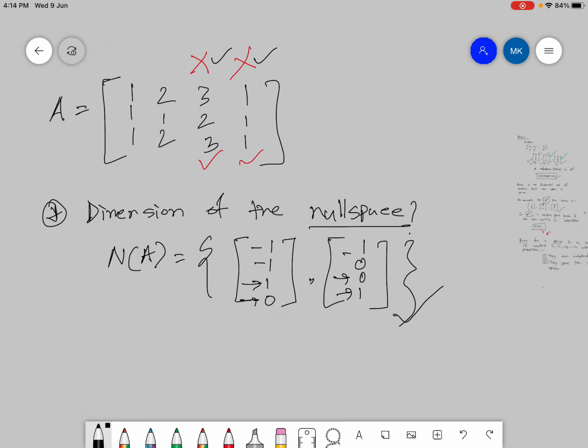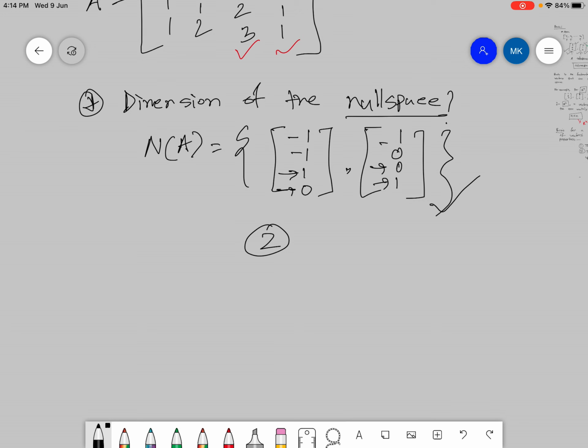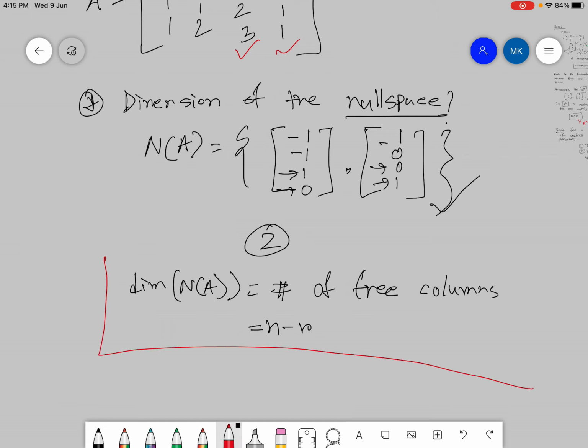So the dimension of the null space is basically 2. In other words, the dimension of any null space is the number of free columns of a matrix. So it should be n minus r. This is true for any case.